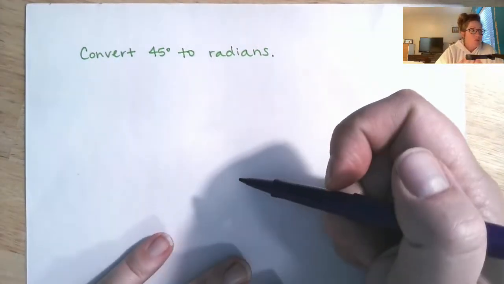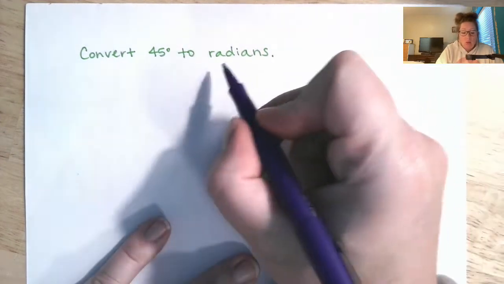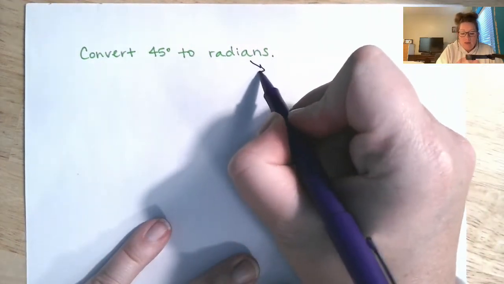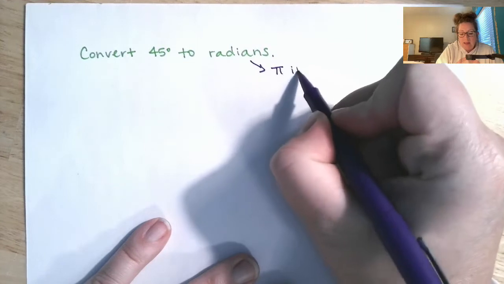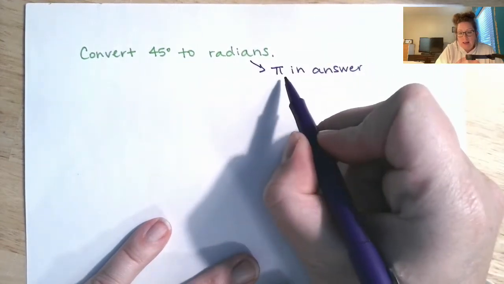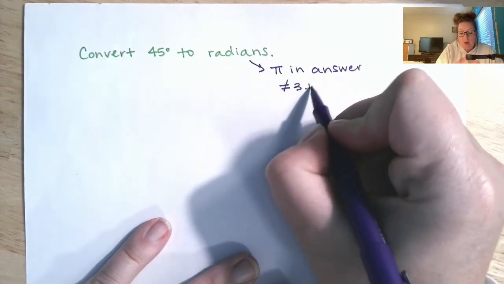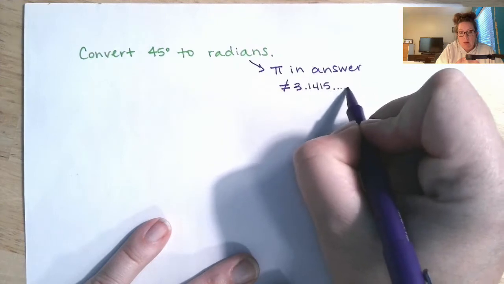So we always want to multiply by a combination of pi's and 180s, okay? When we have radians, our answers are going to have pi's in the answer, okay? And it's really important to see that this pi, when we're talking about radians, does not equal 3.1415 and so on.